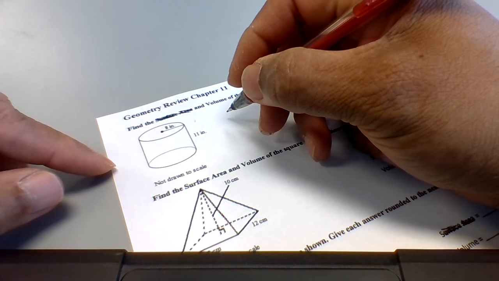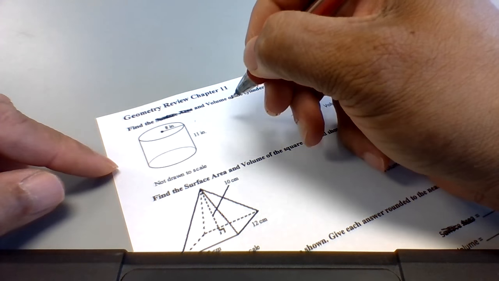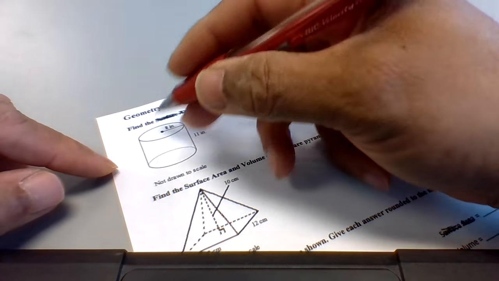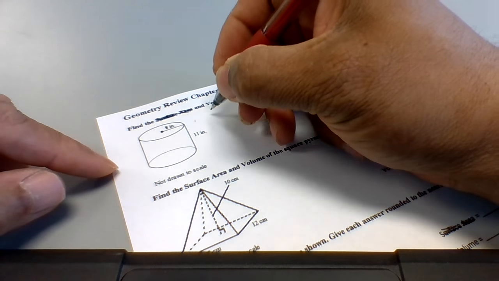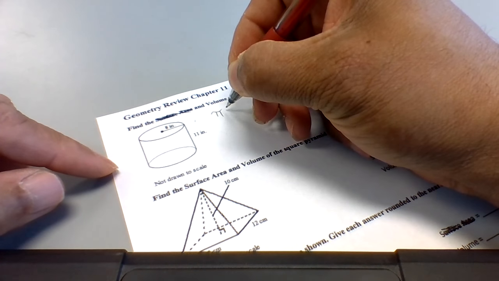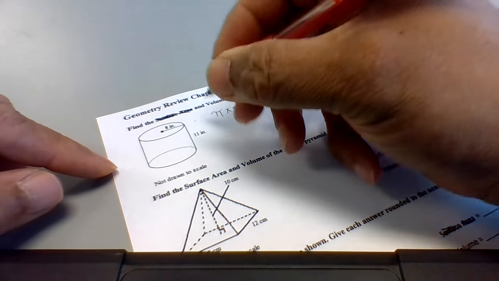Okay, so here we are with a cylinder with a radius of 8, and all I have to do is find the volume. So it's pi times r times r times the height of the shape.